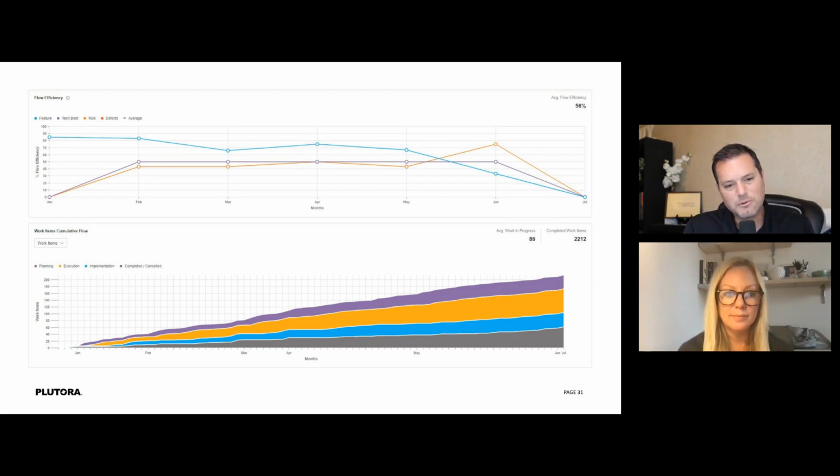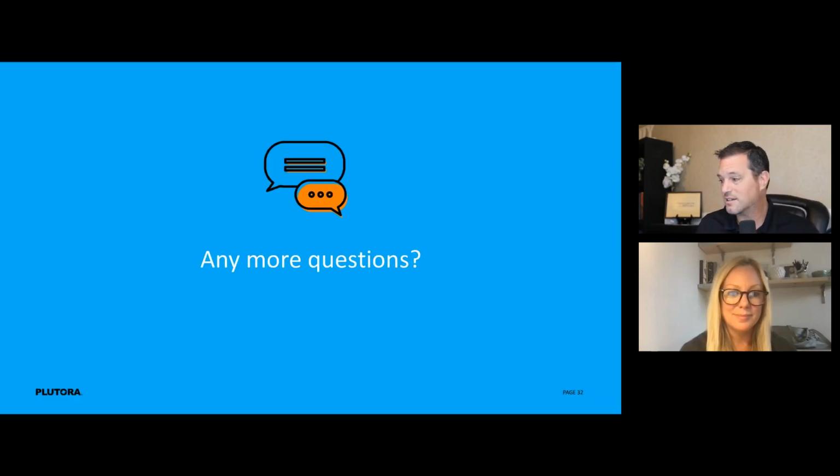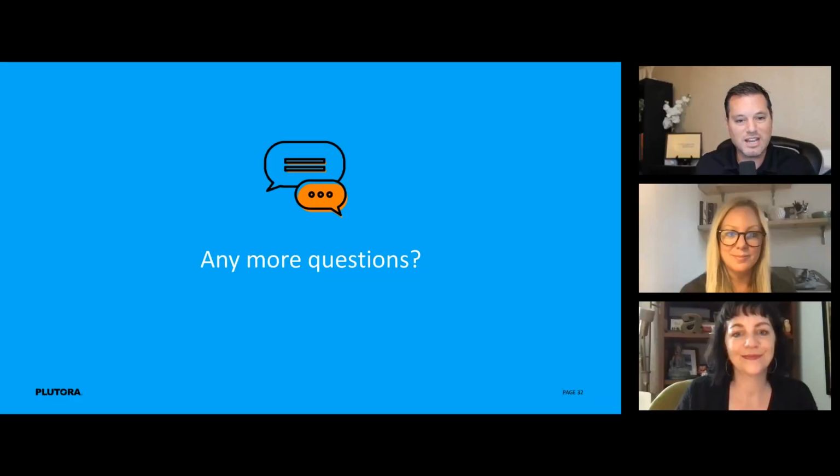Can you imagine improving the efficiency of your entire dev team by 25%? For every 100 developers, you're adding 25 more. Awesome. What is the value to the business of improving your throughput? That's the question. So with that, I think we'll end and see if there's any final questions.